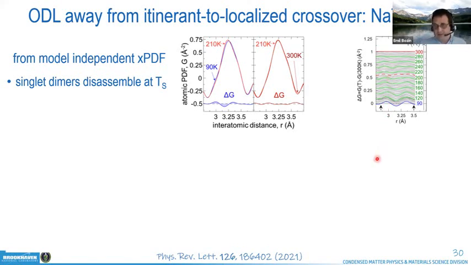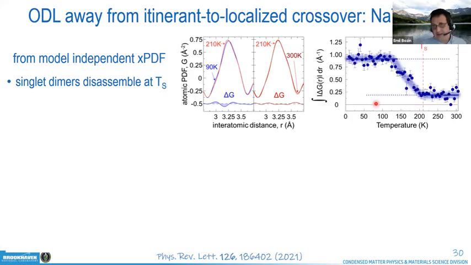You can quantify it by integrating it between some selected points, and you see that it clearly exhibits an order parameter-like behavior, let's call it that way, and that the spin singlet state vanishes at the transition.